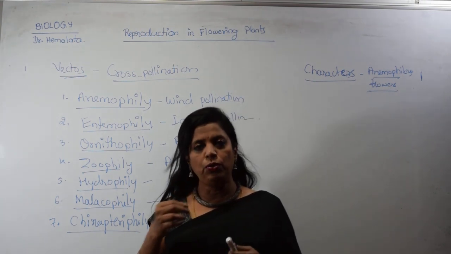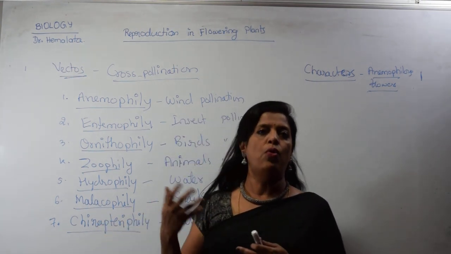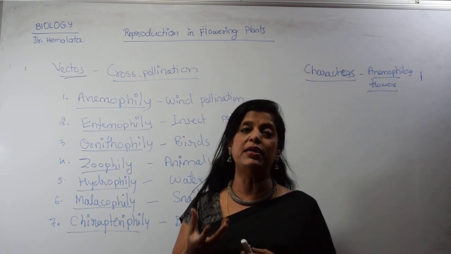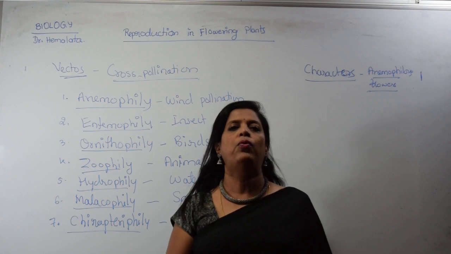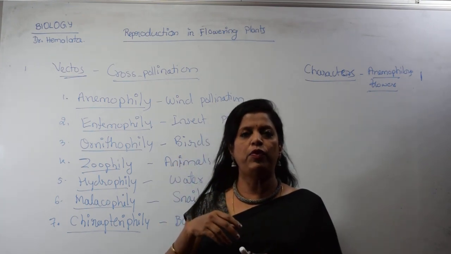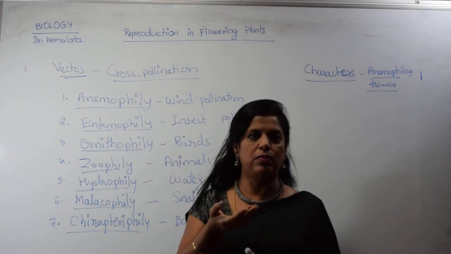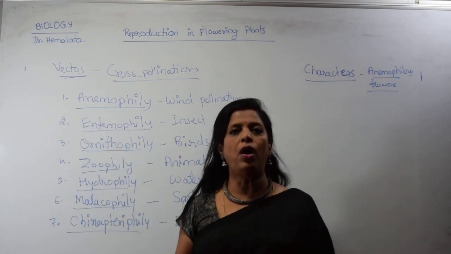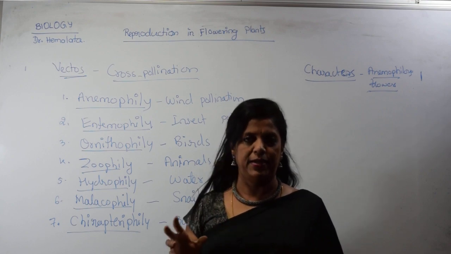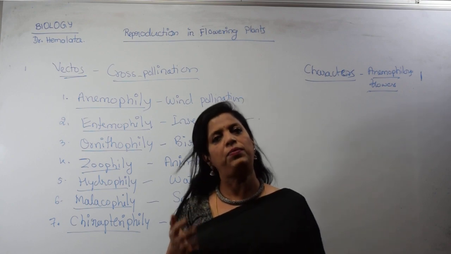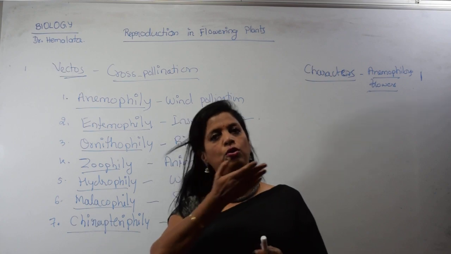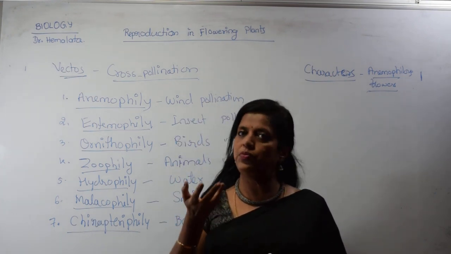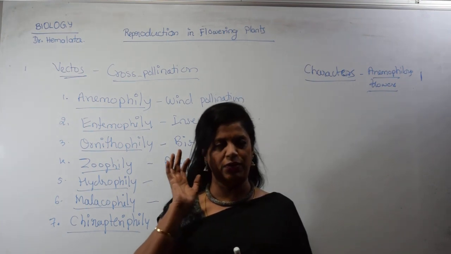That's the reason that in pollination through wind, these pollen grains are very light, so they blow like a puff. Like any powder, if you just blow, it will go away if it is light in weight. Otherwise, it sticks right here. The same thing with air: the pollen grains have to be light in weight and should not be sticky. They should be dry. This is the important feature.